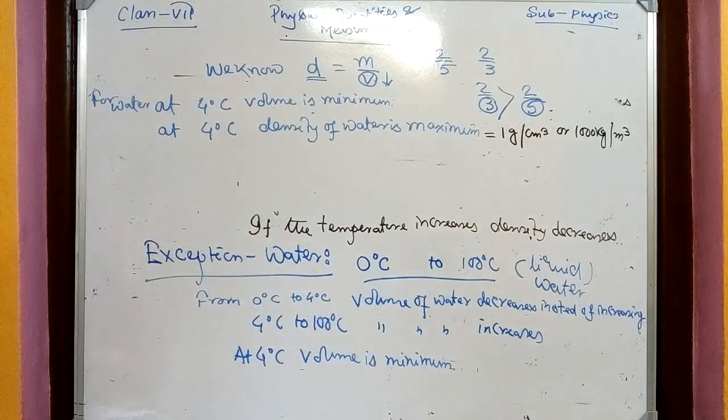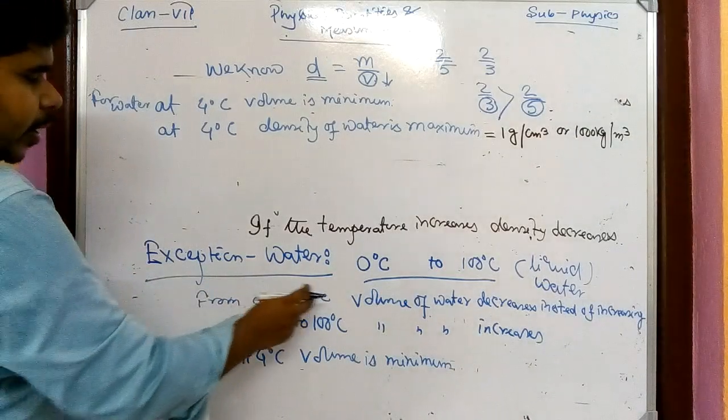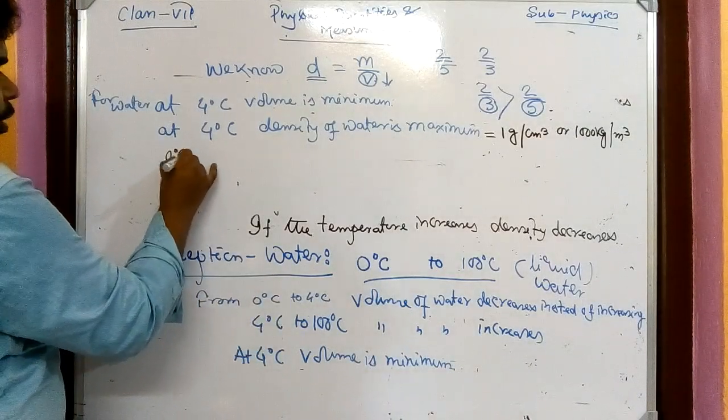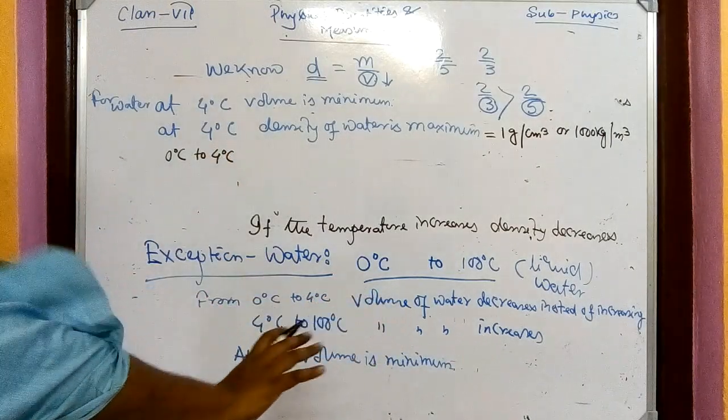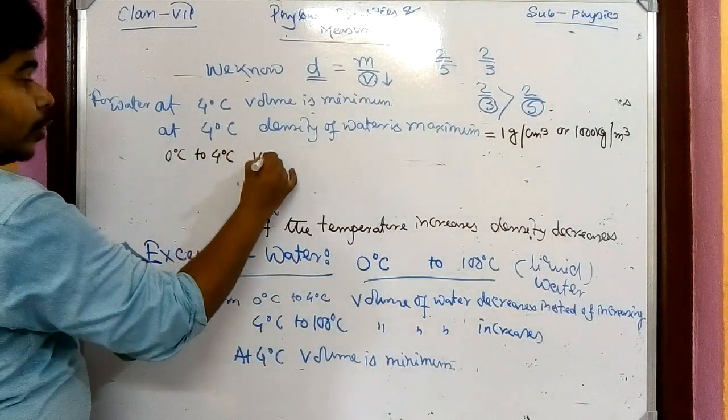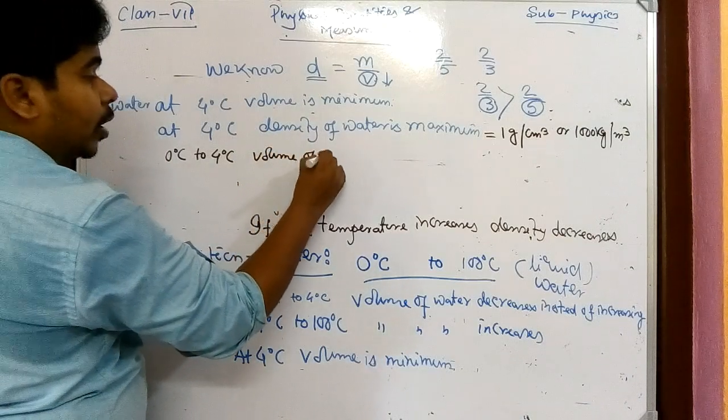So we can say that from 0 degrees centigrade to 4 degrees centigrade, what we have seen is that the volume of water decreases.